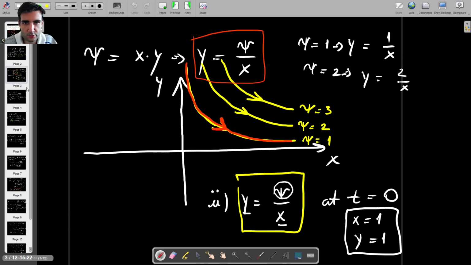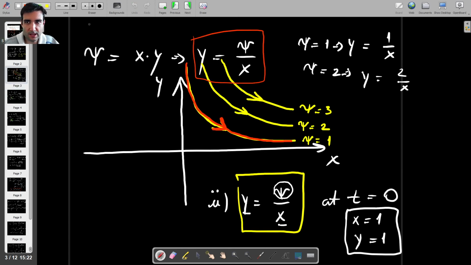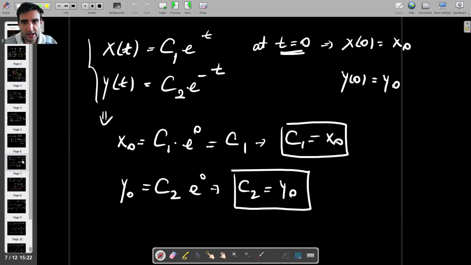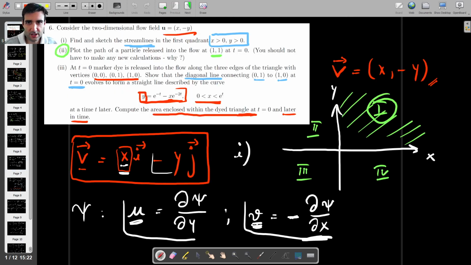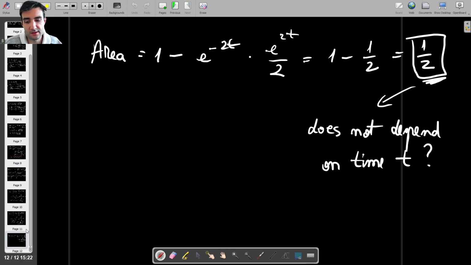After we used some initial conditions, we were able to plot and see what the actual streamline looks like. In the second part, we had to see how the flow of some dye, which has this velocity vector field, evolves over time. Then we found the area, which turned out to be constant with respect to time. And that's the end of the question.